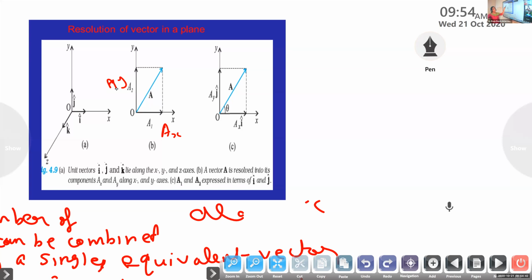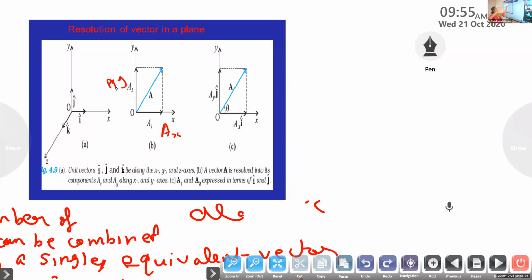And we are going to apply the parallelogram law here. You can see this x-axis parallel to this one, y-axis parallel to here. So this is now a rectangle, because it's a rectangular coordinate system. Same method. So vector A is resolved into AX, AY.